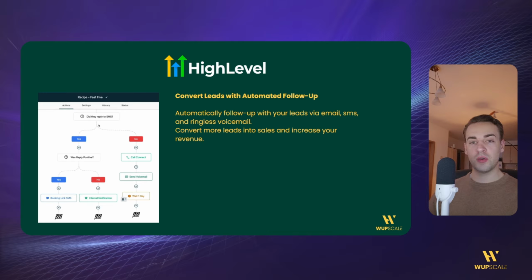If you do it all manually, you might be asleep and only 6 hours later can you call these leads, and by that time they might be no longer interested. So HighLevel is going to help you convert these leads with automated follow-ups. You can use email, SMS, voicemail, and now we also have the conversational AI to follow up with your leads. It's going to help you convert more leads into customers for your business, which is definitely something we all want.